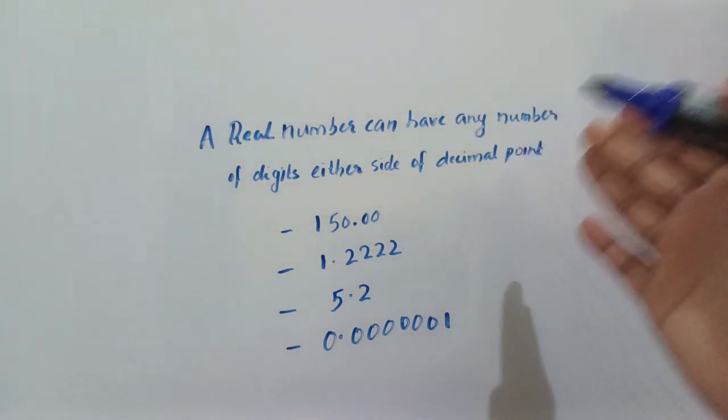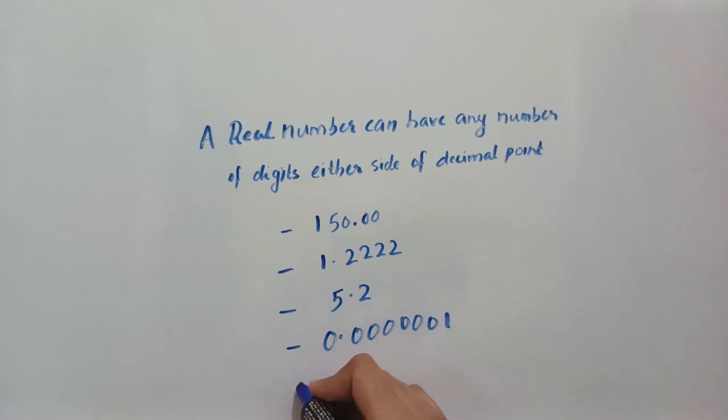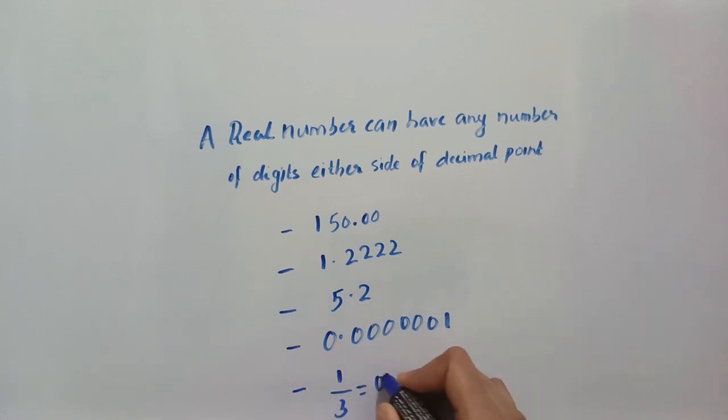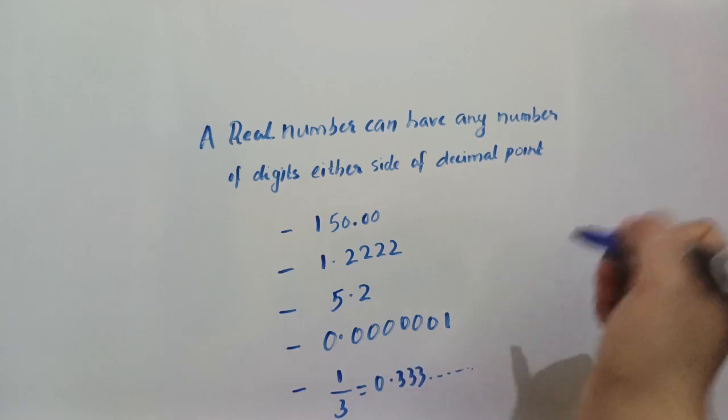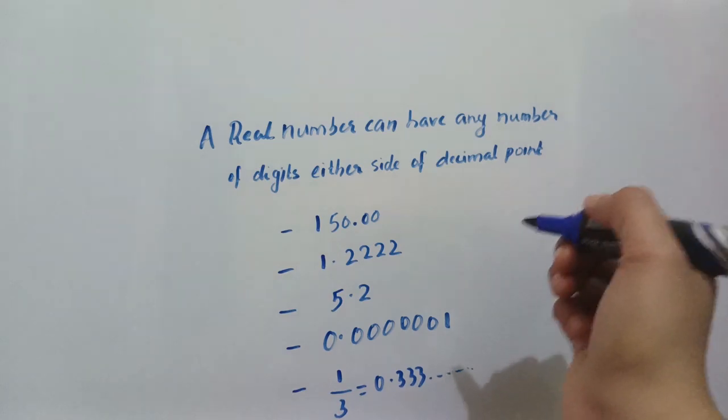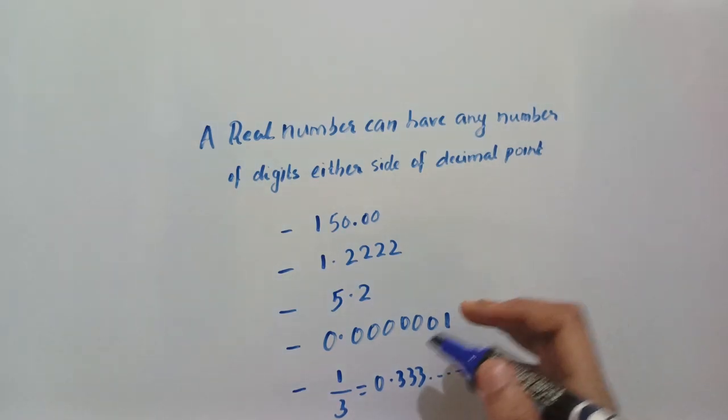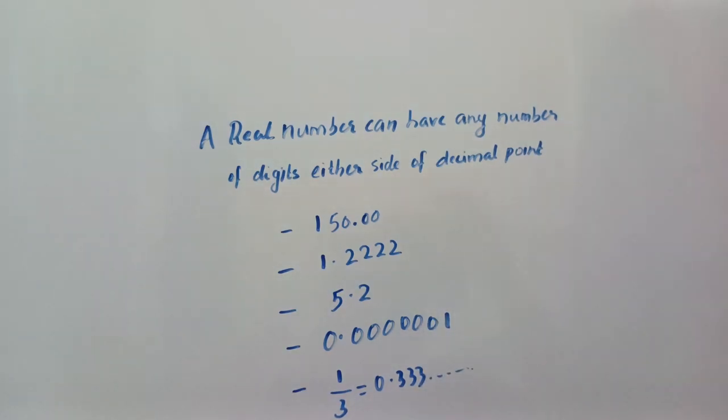These all are real numbers. Also we can write 1 by 3, which is equal to 0.333, etc. Here an infinite number of digits are there. These all are real numbers.